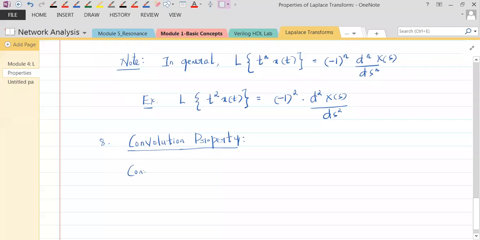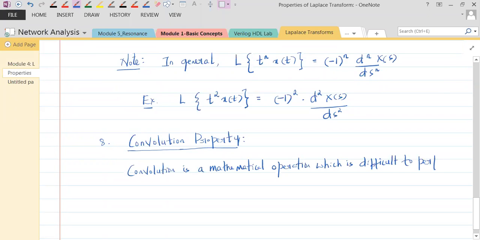Convolution is a mathematical operation which is difficult to perform.